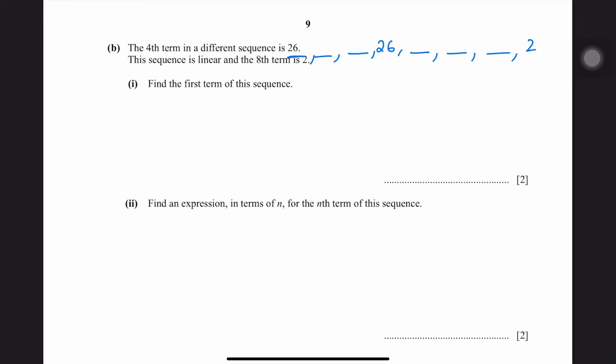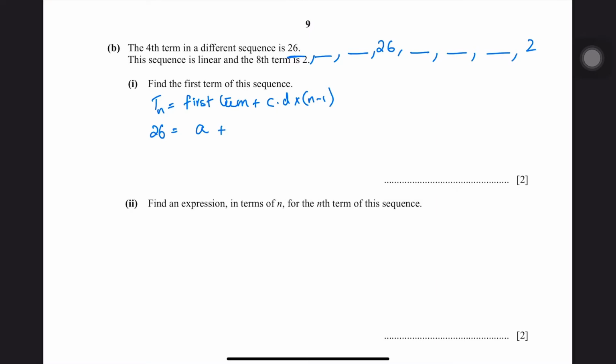There are various ways to do this question. Either I could first construct two equations. I know that the formula for the nth term is first term plus common difference times n minus 1. I know that the fourth term is 26.